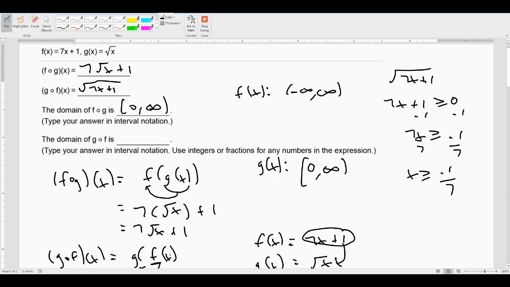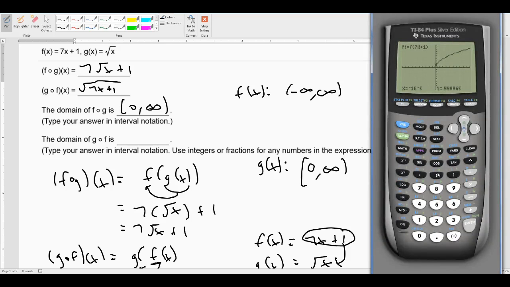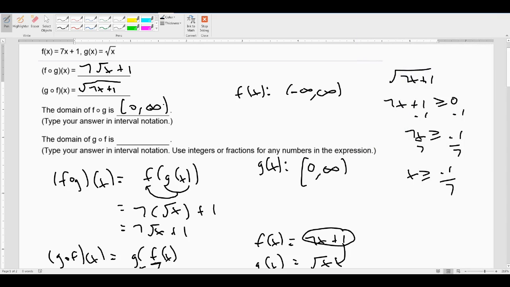What that's telling us is, if we go back to our calculator and type in trace, negative 1 divided by 7, enter, we get an answer. But if you do anything less than that, we won't. Let's try negative 1. We won't get an answer. So the domain of this function goes from negative 1/7 to infinity.